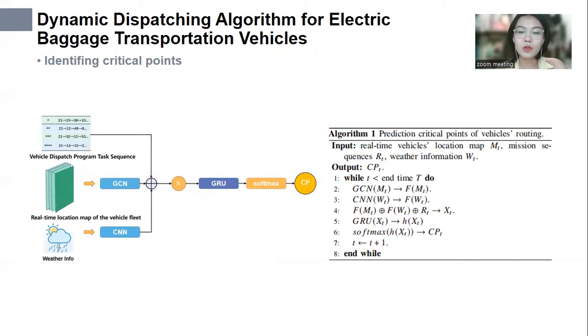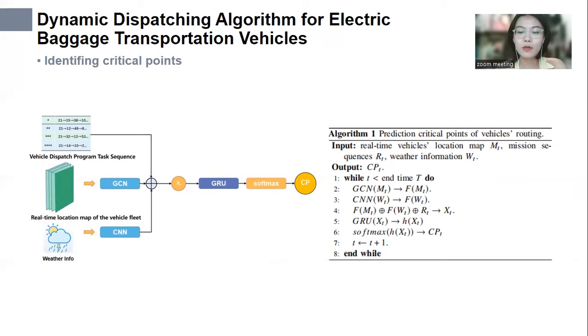Then we constructed a recurrent neural network based on the attention mechanism to realize the dynamic prediction of the critical points of the vehicle. The network structure is shown in the figure.